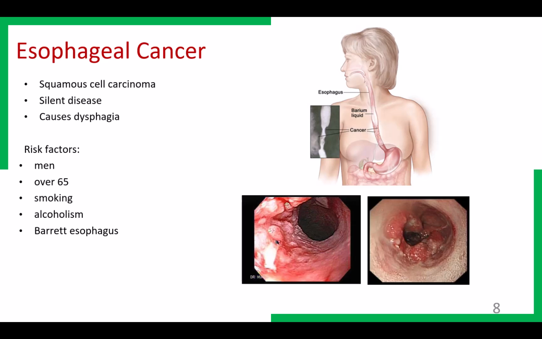So you've got over here, that's esophageal cancer, squamous cell carcinoma. So that's carcinoma, a cancer of the esophageal epithelium. It's a silent disease because yes, you do feel heartburn and all that, but sometimes there's no other symptoms. It can cause trouble swallowing, dysphagia.